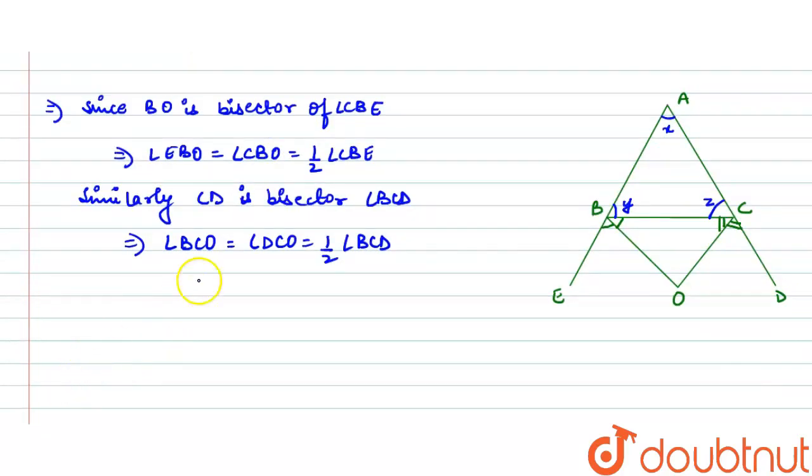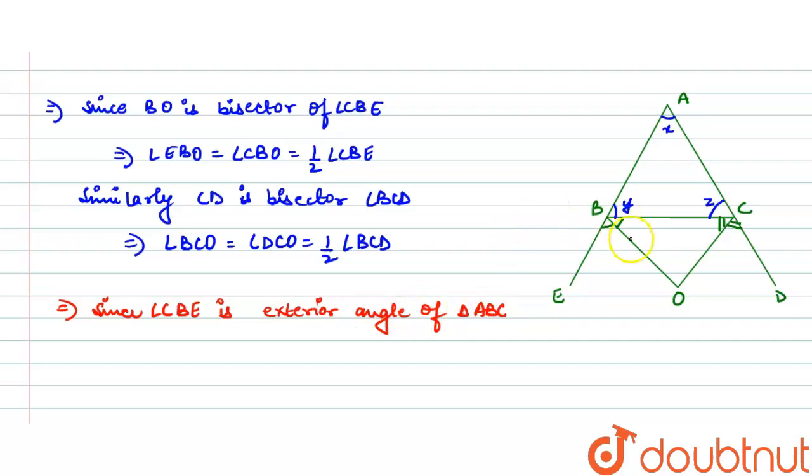Now we know that CBE is an exterior angle of triangle ABC. Therefore the two opposite angles, that is X and Z, will sum up to it. So angle CBE will be equal to the sum of the two opposite angles, X plus Z.